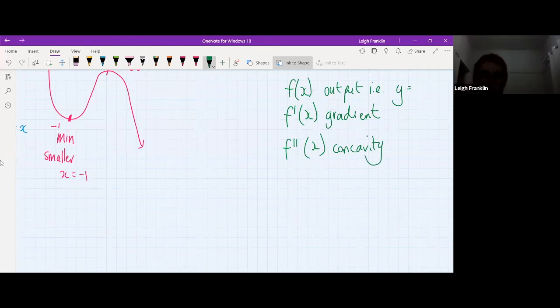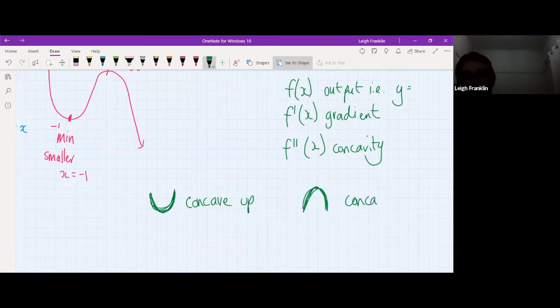So concavity works like this. Anything that is that shape is called concave up. Anything that's this shape is called concave down.